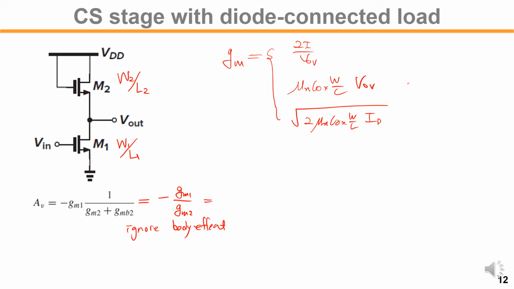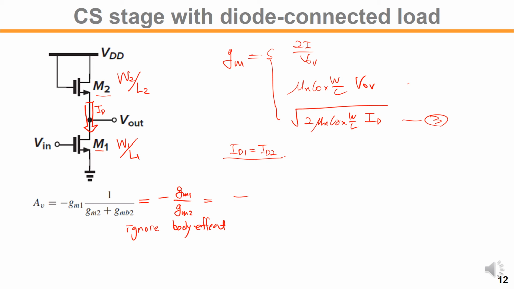For the bias current, because we are sharing this branch, the current through M2 and M1 is the same. ID1 and ID2 are the same. So use the third one to represent this small signal gain.